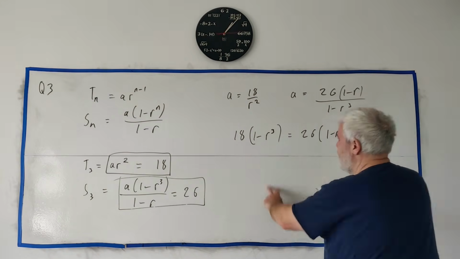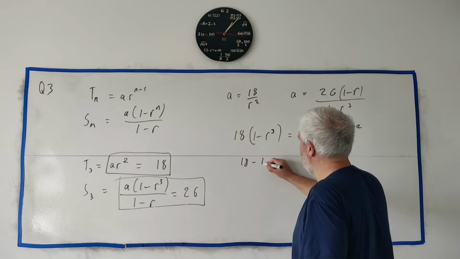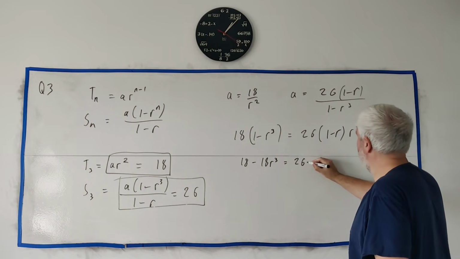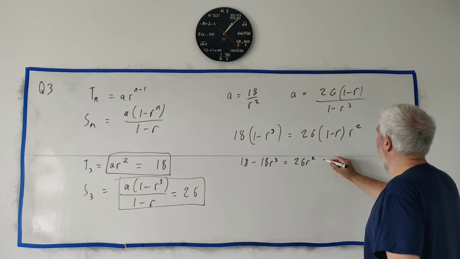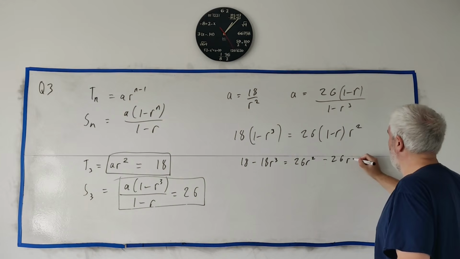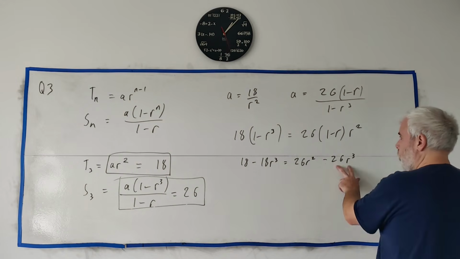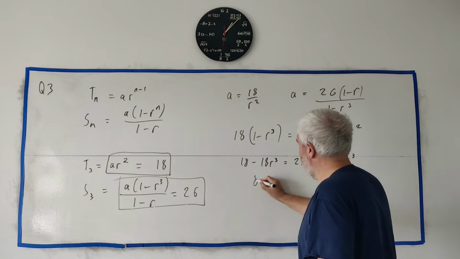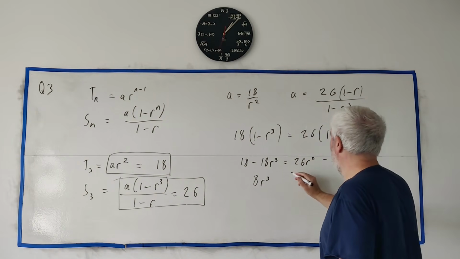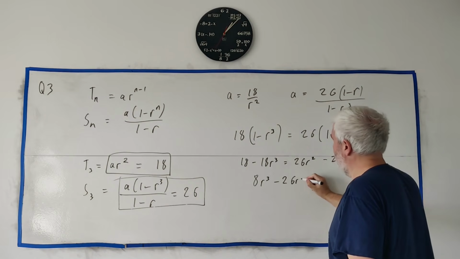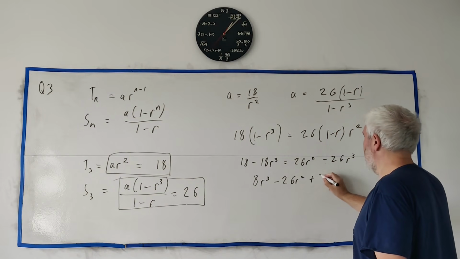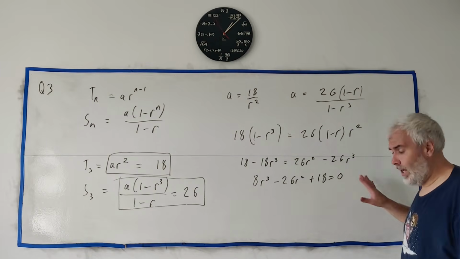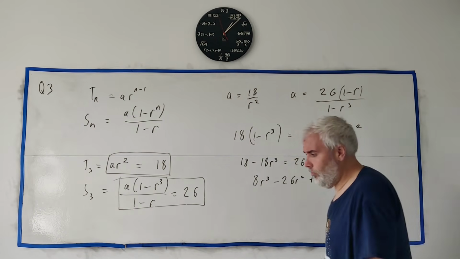We can multiply all this out, we'll get 18 minus 18 r cubed is equal to 26 r squared minus 26 r cubed. The r cubeds go together, everything over to the left, let's say. We get 8 r cubed minus 26 r squared plus 18 equals 0. This is all correct so far, and you can solve from here.